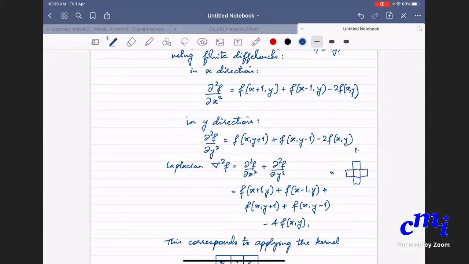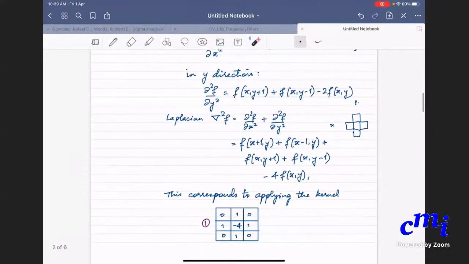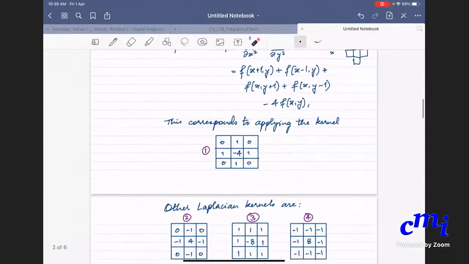The f at these is the pixel values at these locations. So these 4 locations minus 4 times this. If you want to implement the Laplacian on an image, you may implement it by applying this kernel to the image. This we saw in detail in some earlier lecture.